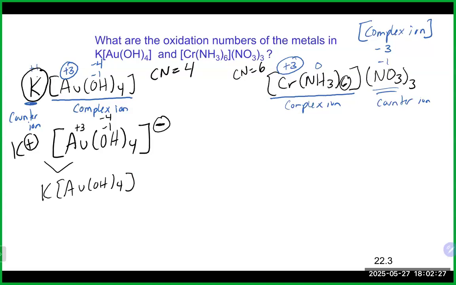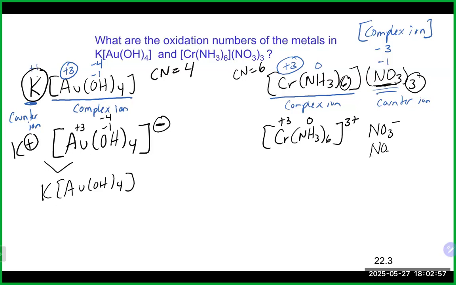Same thing if we go to our complex on the right. We got this, and again, that is 0. We figured out that the chromium in this case is +3. That means our complex ion on the right-hand side is a positive complex ion. It has a +3 charge. That is why, when we look at our counter ion, which is nitrate, we don't have just 1 of them, but we actually have 3 of them.